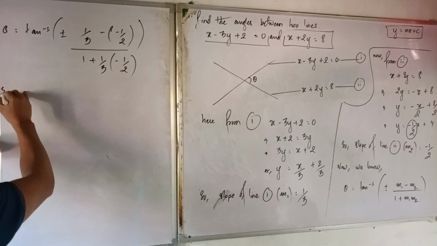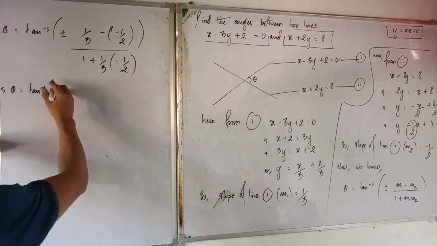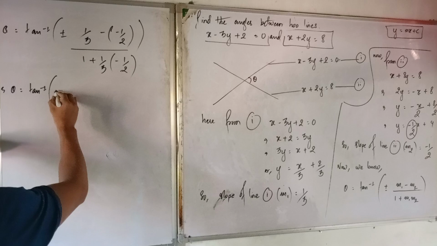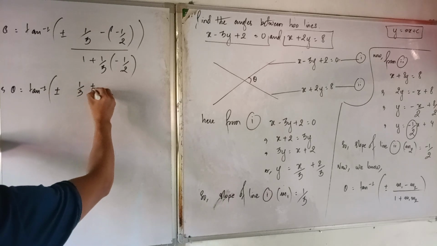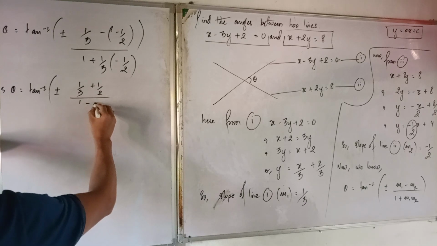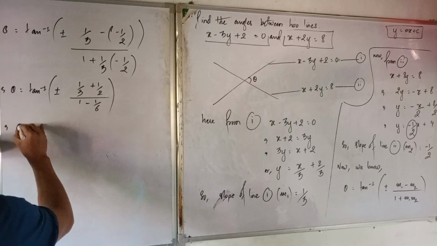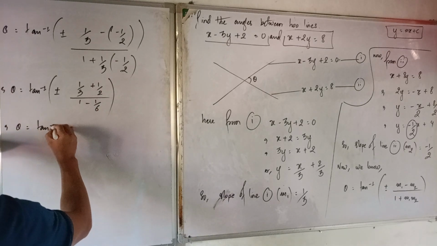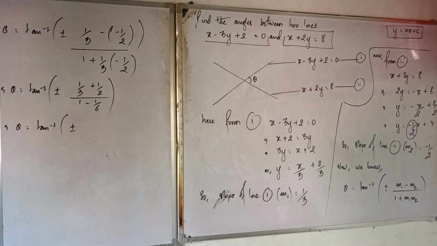Or theta equals tan inverse, you can use the calculator, 1 by 3 plus 1 by 2 over 1 minus 1 by 6, or theta equals tan inverse plus minus, you can use the calculator directly, that will be more efficient.